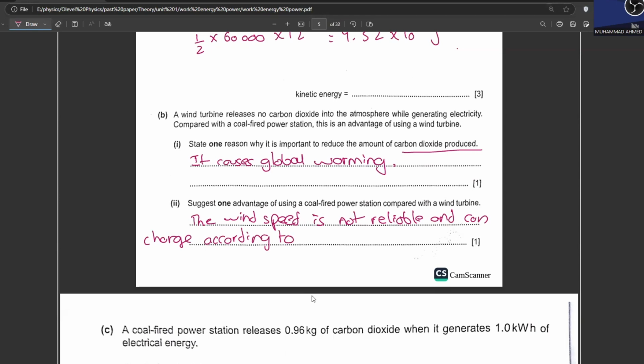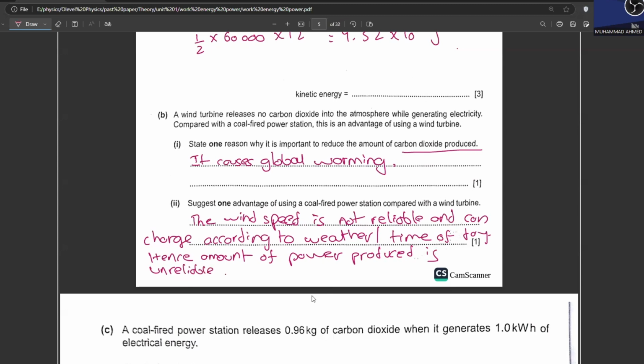Hence, the amount of power produced is unreliable. Simple as that. Let's move on to the next one.